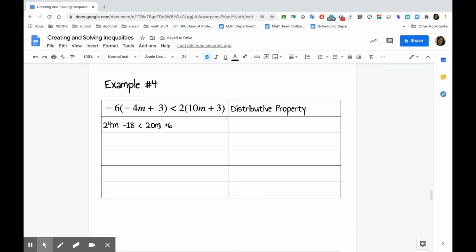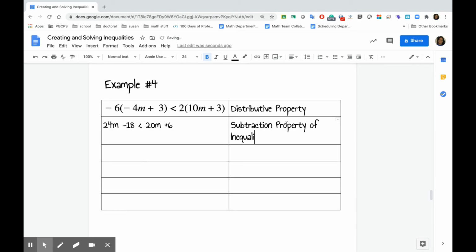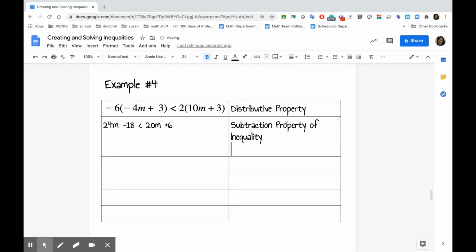If I want to put m on the left side, I have to subtract 20m from both sides. So I will use the subtraction property of inequality. So subtract 20m from both sides.